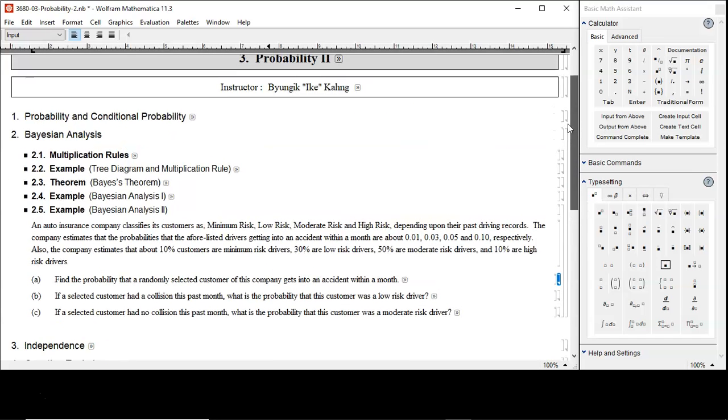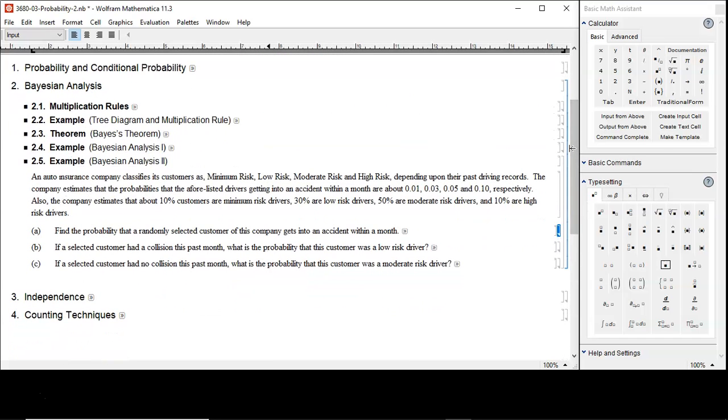Now let's go to part B of the problem. Let's look at the conditional probability. If a customer selected had a collision past month, so this is a condition now, had an accident, what is the probability this was a low-risk driver? Look at all these.